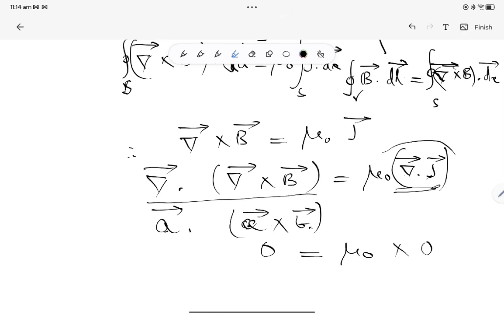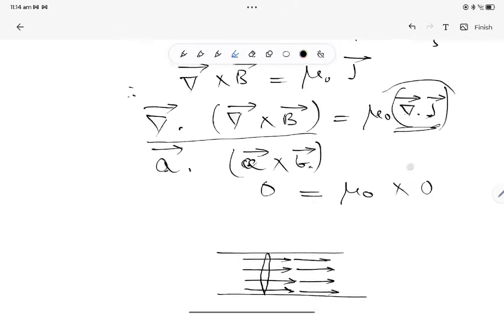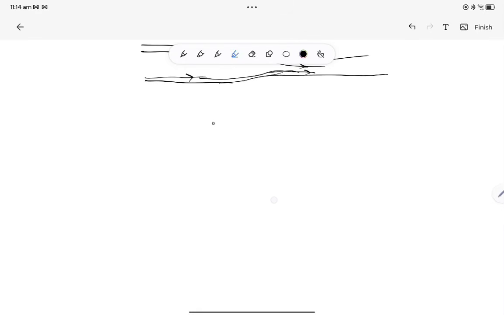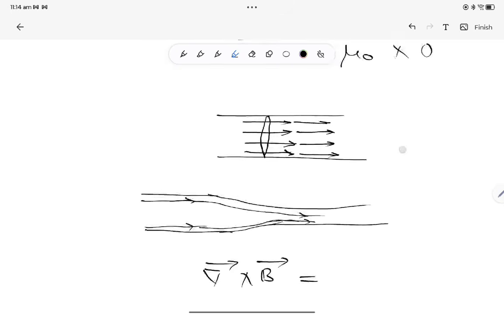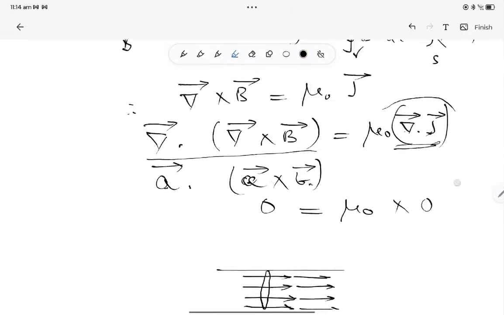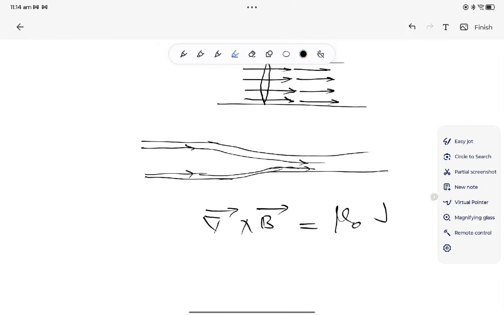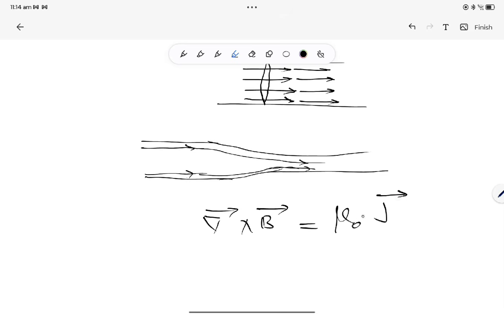How to resolve this? There must be something wrong with this equation itself. There is a way. One way is, you see, you have del cross B equal to mu naught J, okay, you have this.